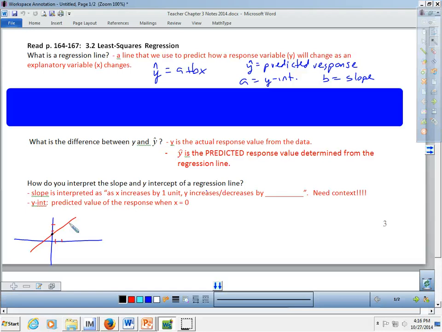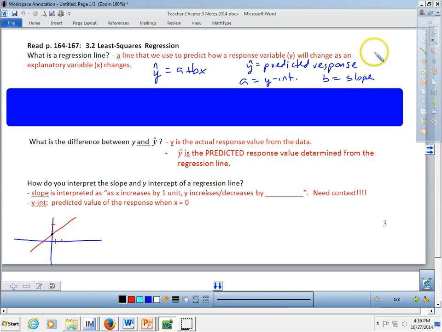But very often it's a nonsensical value. And it deals with the fact that our scatter plots aren't always starting at the x and y axis. It's not always starting at 0, 0. As we scale our y and x axes, sometimes it doesn't need to start at 0 to capture our data. So we'll get into some examples where the y-intercept doesn't make a lot of sense.